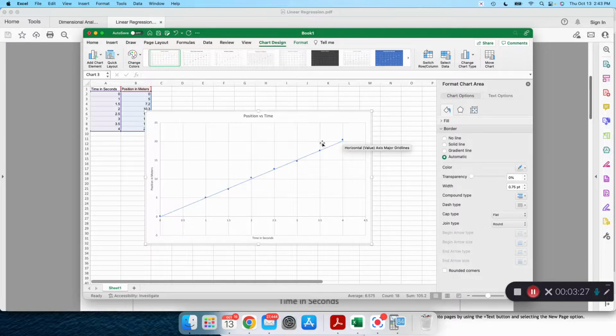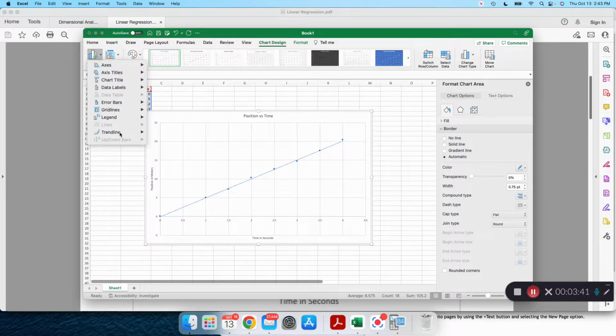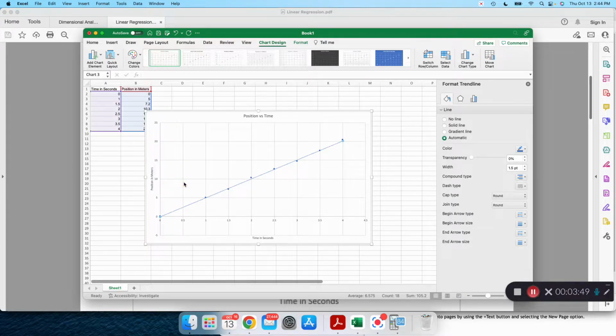And there's the line that best fits this data. And then once I do that, you have to do it in this order. I've added the line. I can come back here, hit this button again, go down to trend line again, and do more trend line options.